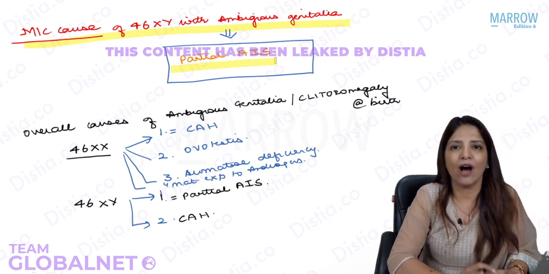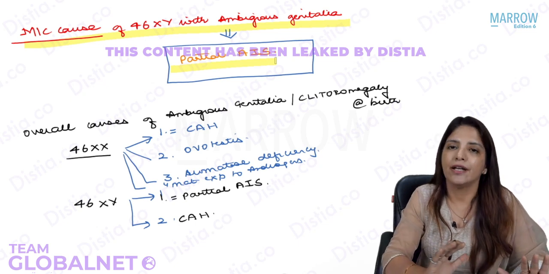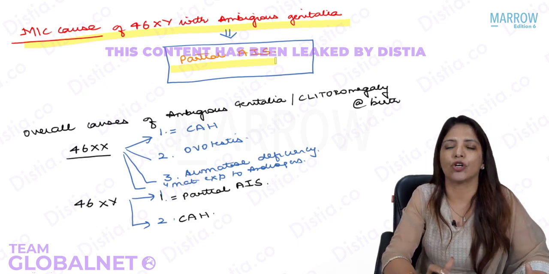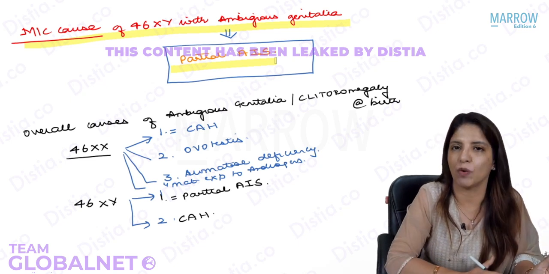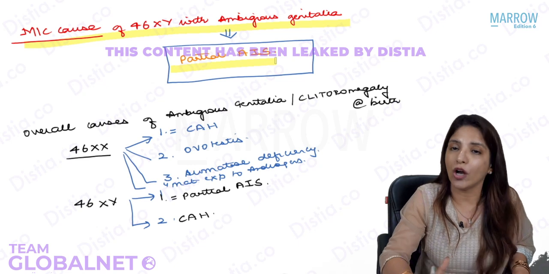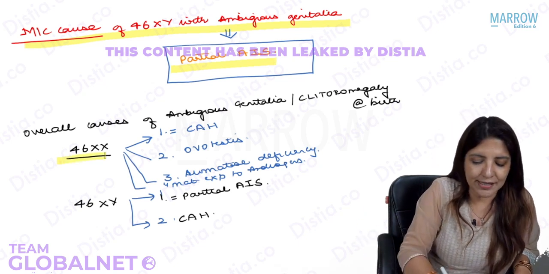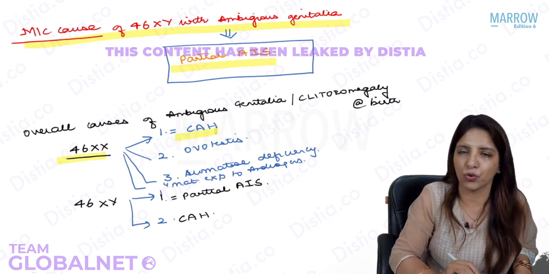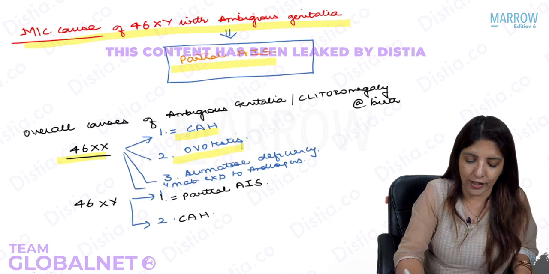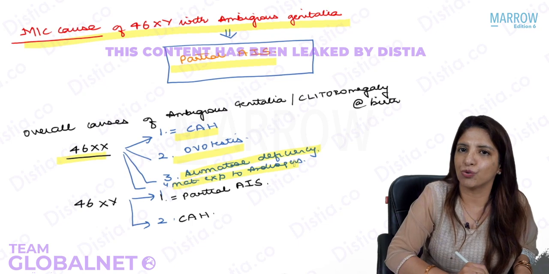Clear? Now comes the list which I was telling you that we are going to do at the end. Write down all causes of ambiguous genitalia in 46XX and 46XY individuals. Right? Or causes of clitoromegaly at birth. So in a 46XX individual: congenital adrenal hyperplasia, and you know due to which enzymes. Then ovotestes, aromatase deficiency and maternal exposure to androgens.